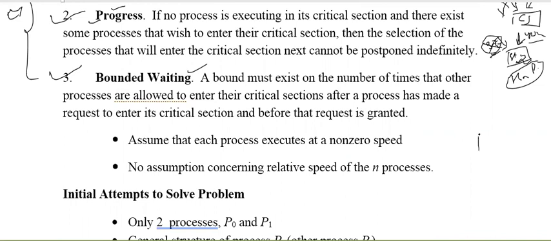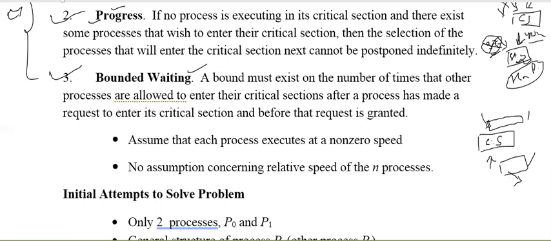The restriction is simply in the critical section, and somehow I need to restrict it. Mutual exclusion says that only one process can enter the critical section, so I need to deploy a certain condition before or after the critical section so that I can restrict entry into it. That is what I need to focus on.